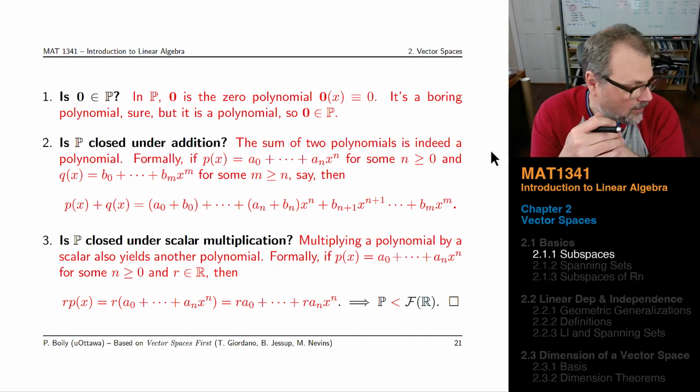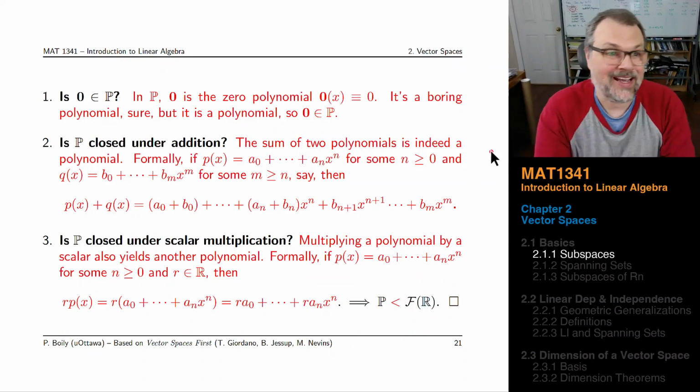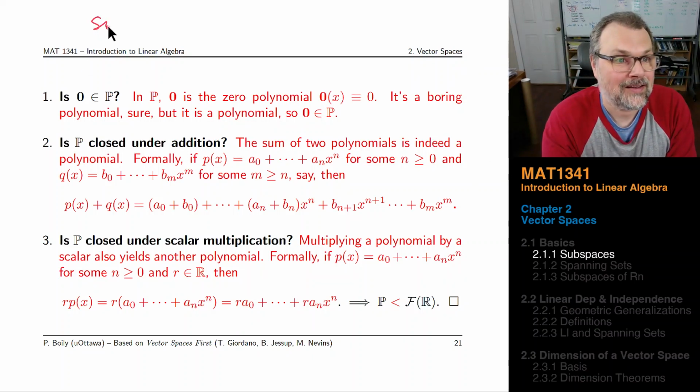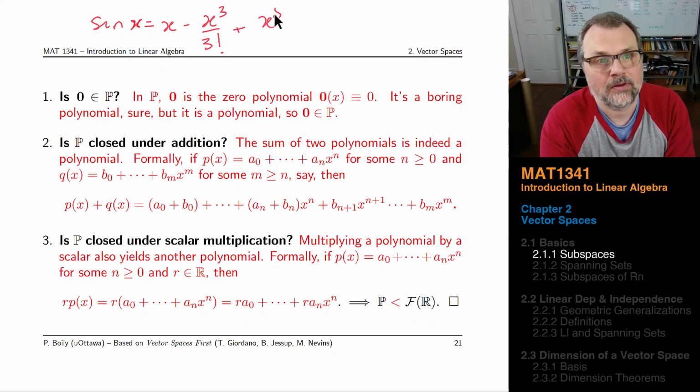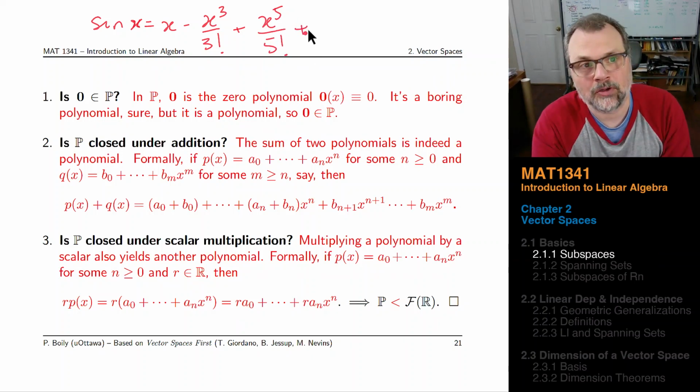For instance, sin x can be written as an infinite polynomial: x minus x cubed over 3 factorial, plus x to the 5 over 5 factorial, minus x to the 7 over 7 factorial, and so on.